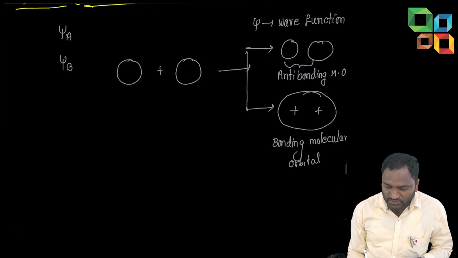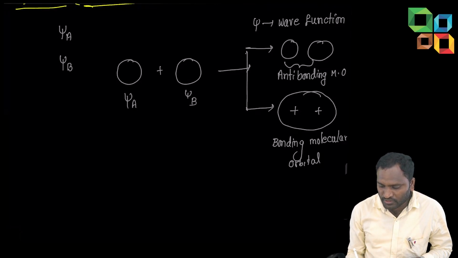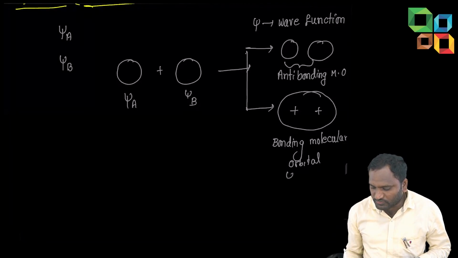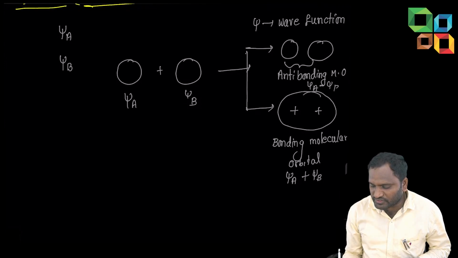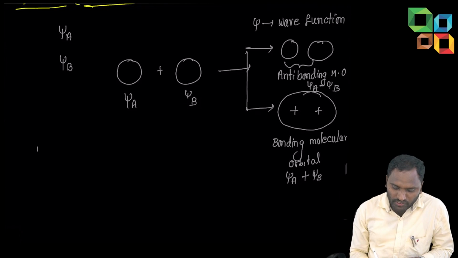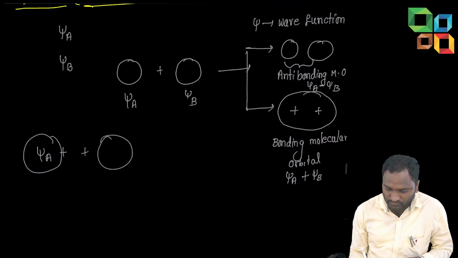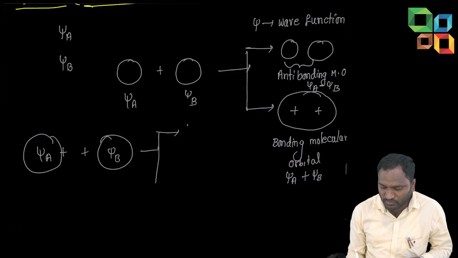One more thing, students. Suppose this one I take as psi A and this one as psi B. When they form bonding molecular orbitals, we write the summation of those orbitals, psi A plus psi B. For anti-bonding molecular orbitals, it will be psi A minus psi B. When two atomic orbitals approach each other, two combinations can be observed.